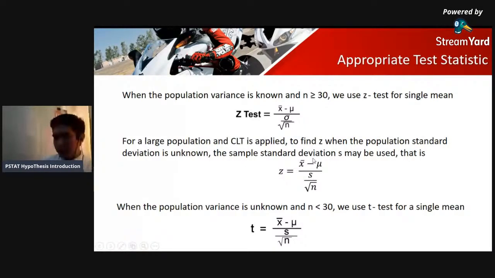Next, when the population variance is unknown and your n is less than 30, we use the t-test for a single mean.